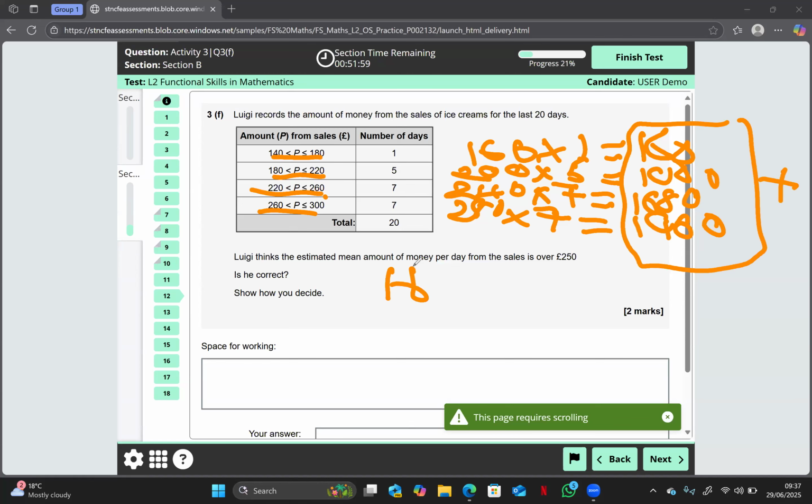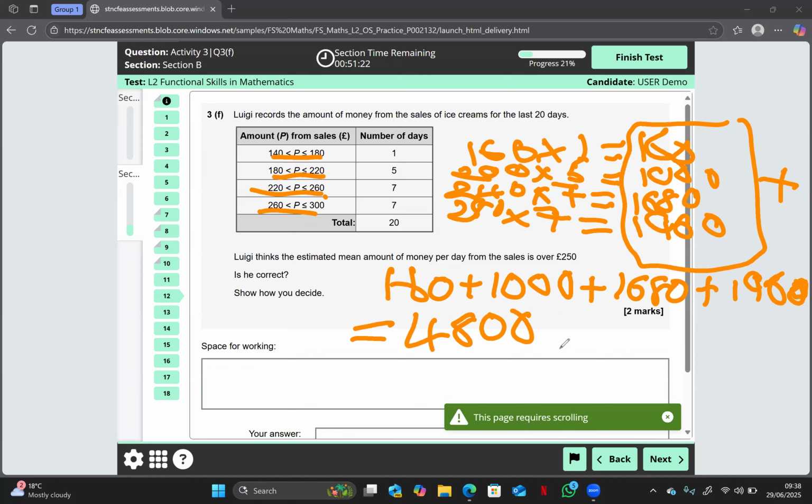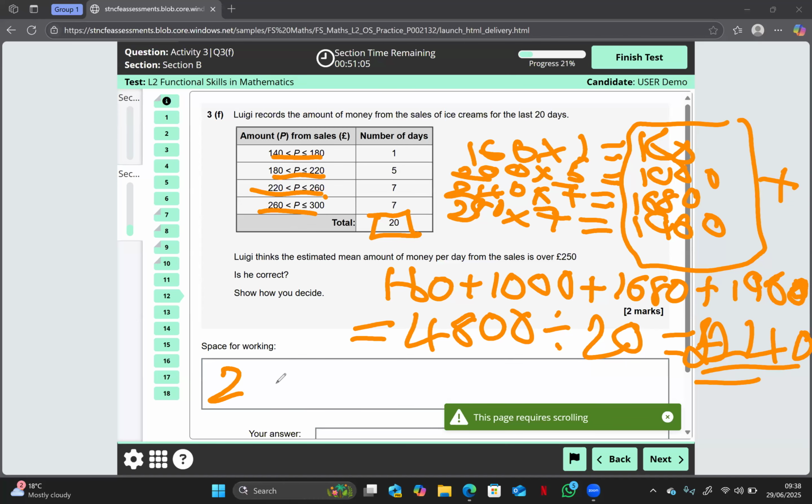Now we add all of these together. So 160 plus 1,000 plus 1,680 plus 1,960 equals the total. Divided by the number of days, which is 20, equals 240. So £240 is the mean. 240 is less than 250.